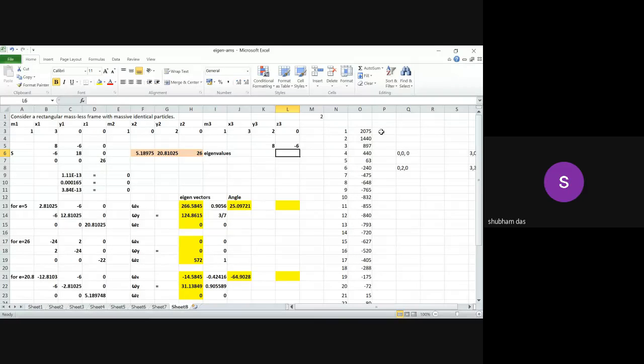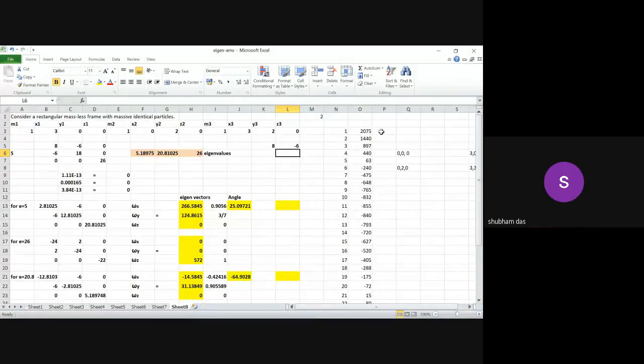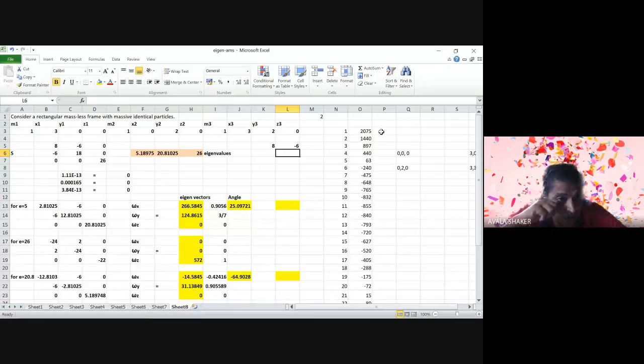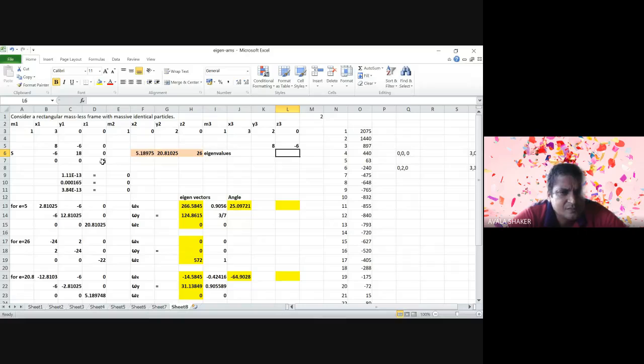Yes, sir, each cell has a different formula to be fed in, so we do that individually. But once it is done, this is our tensor, the matrix tensor. That's why it is always better to create a template.